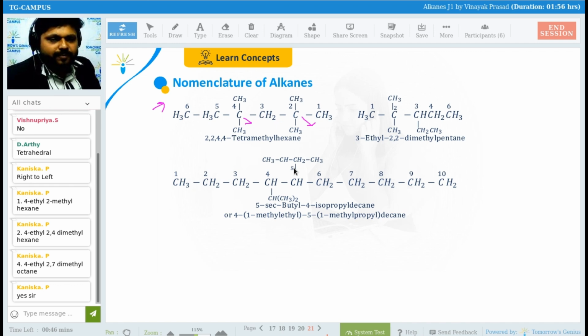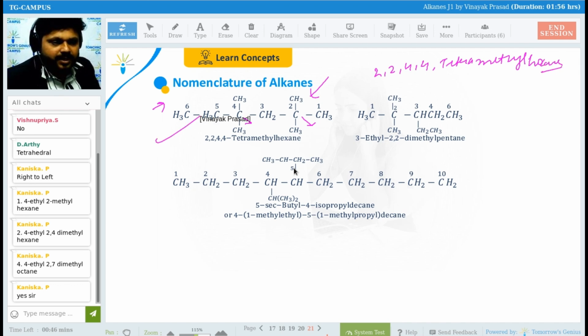So 2, 2 and 4, 4 tetramethyl hexane. Guys, you might not have seen this type of question ever. And 6 carbons are there, so hexane. Right? So this is done.